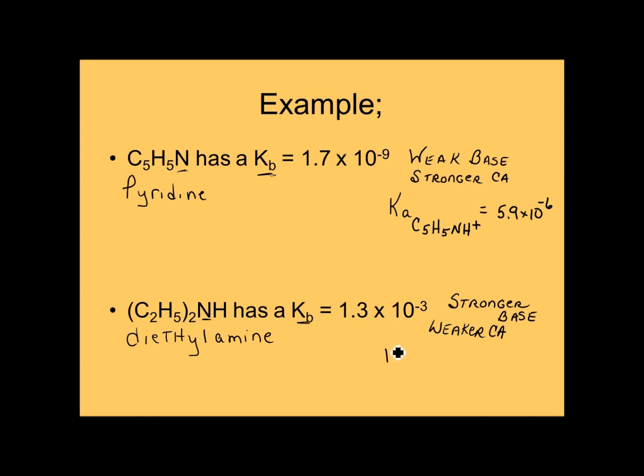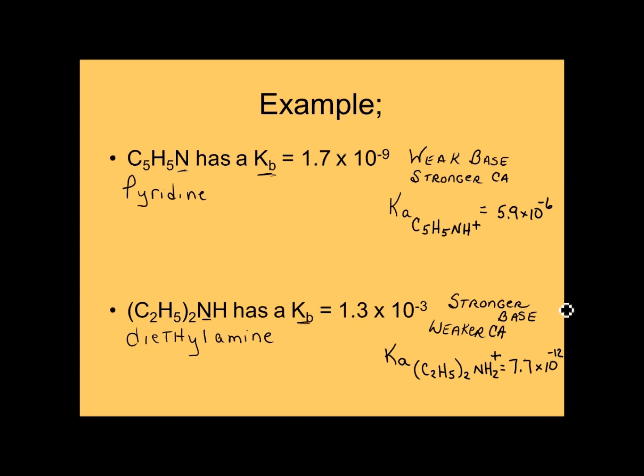The Ka of this conjugate acid, which has a formula of C2H5NH2+, will have a Ka of 7.7 times 10 to the negative 12.